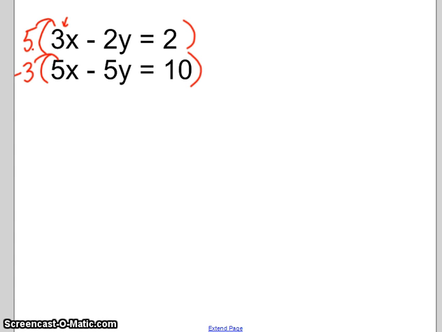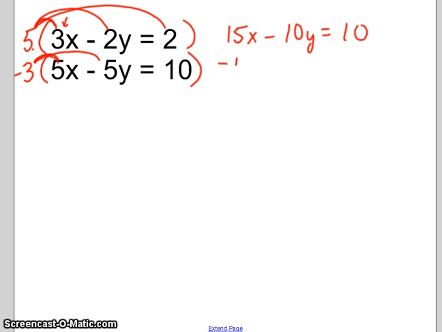Make sure one's positive and one's negative and they're opposites so we can cancel. So I'm going to multiply everything by 5 here, so I get 15x minus 10y equals 10, and I'm going to multiply everything by negative 3 here: negative 15x, that's what we want, plus 15y equals negative 30.